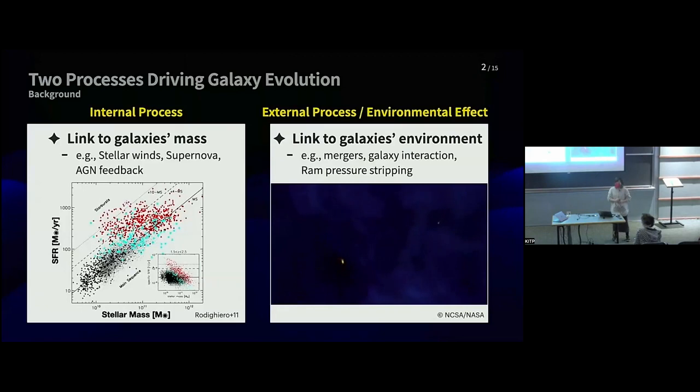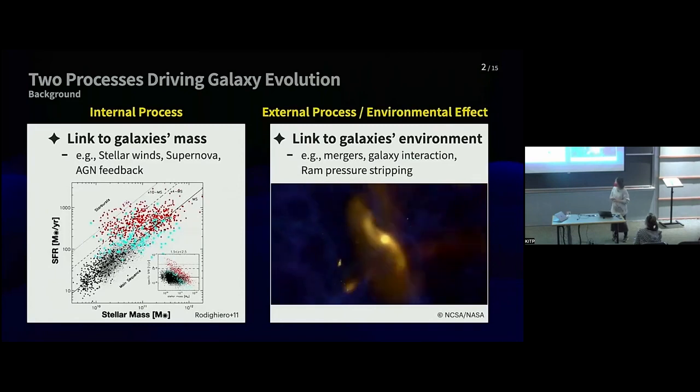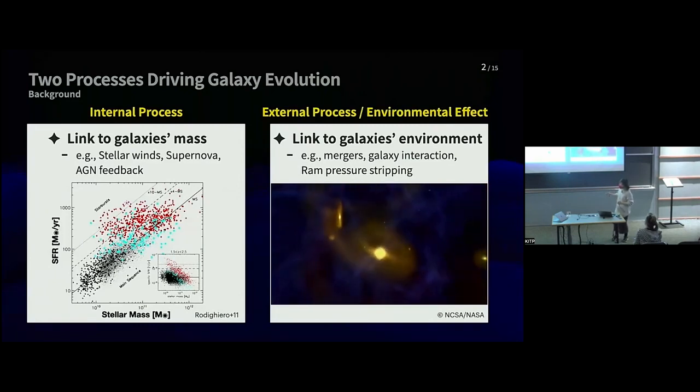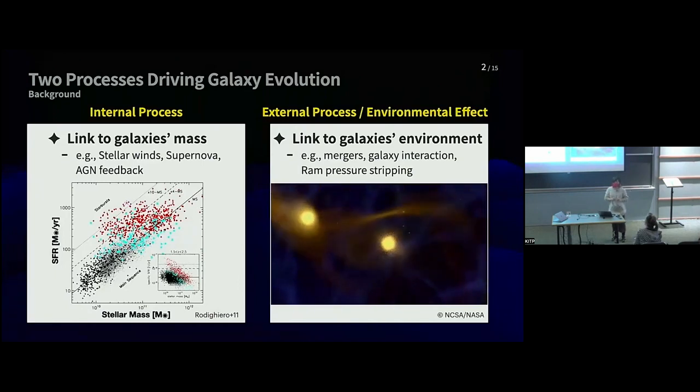Understanding the process of galaxy evolution as well as quenching is one of the unresolved questions in galaxy evolution. Statistical studies of past decades have unveiled that two processes mainly drive galaxy evolution.